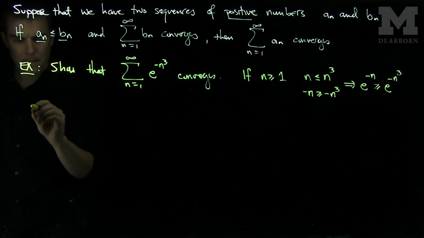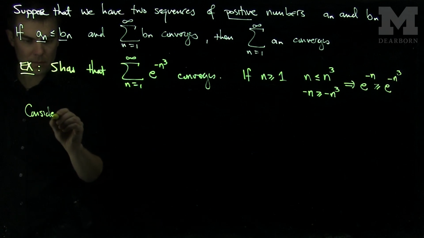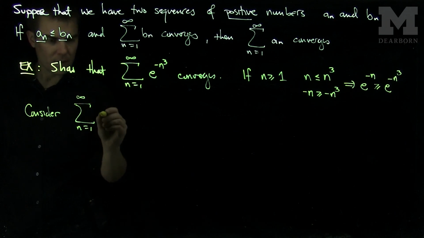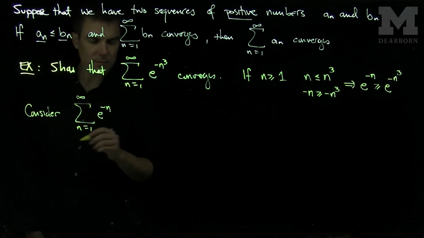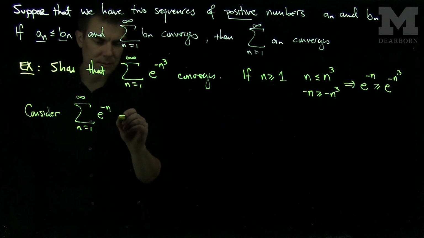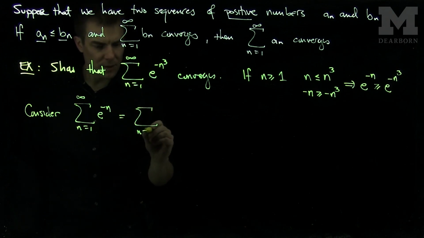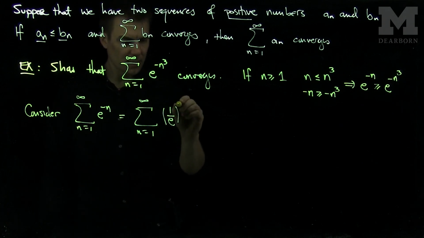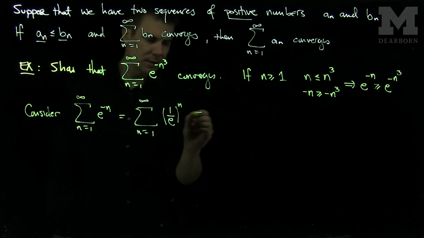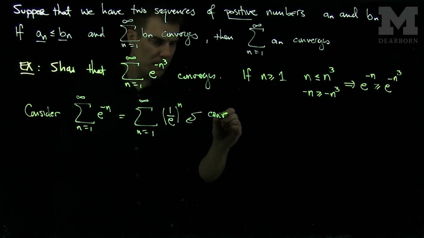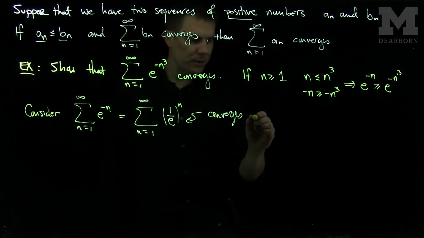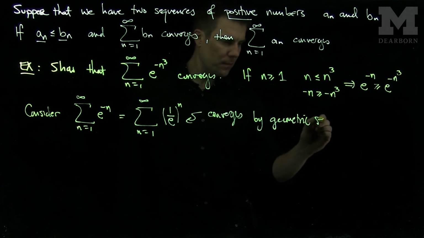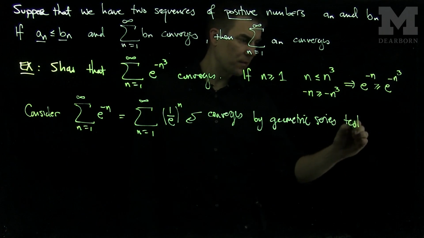So if we consider the sum, n goes from 1 to infinity, of e to the negative n, this is a geometric series. This looks like the sum, n goes from 1 to infinity, of 1 over e to the n. And this series over here converges by the geometric series test.